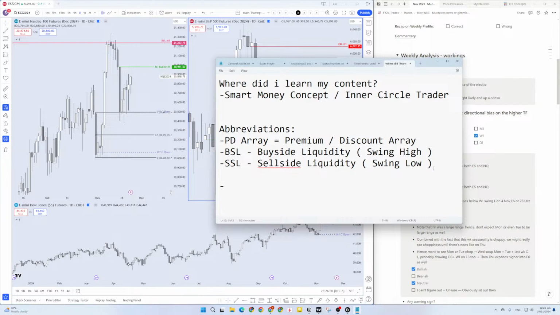So like I said, following these three, there are also other PD arrays. Okay, so again, BSL is a PD array, SSL is a PD array as well, but there's a whole lot more. So now I'm going to list out all of them. So first one I use OB, which stands for order block.